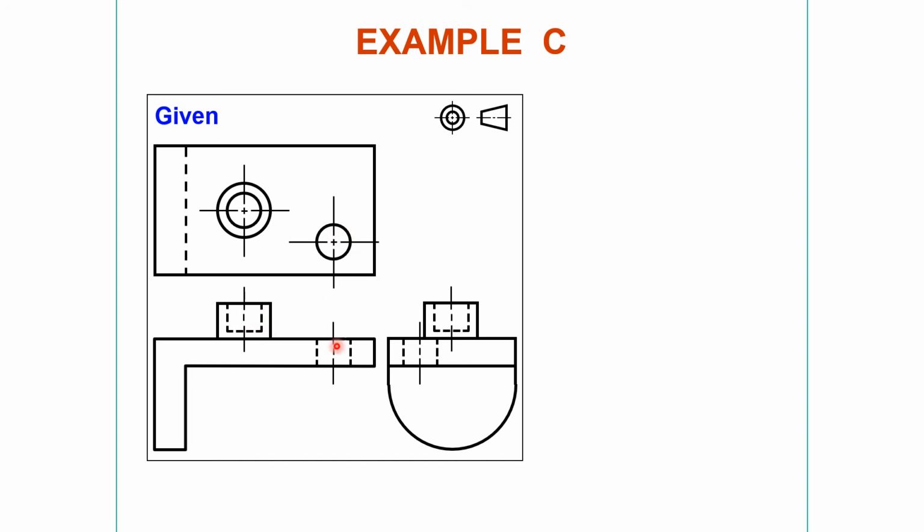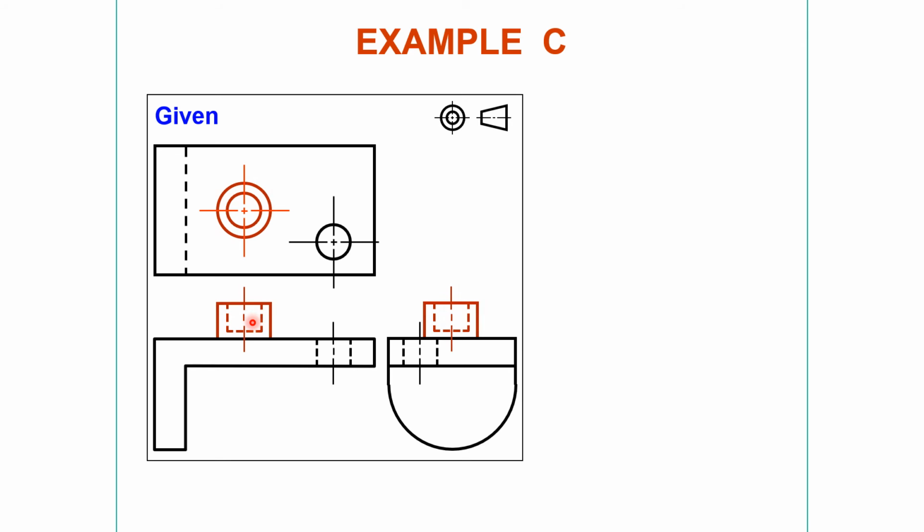Here is a hole that is passing throughout the object, and this surface is not on the above; it goes down, but at the bottom there is a semicircular shape.